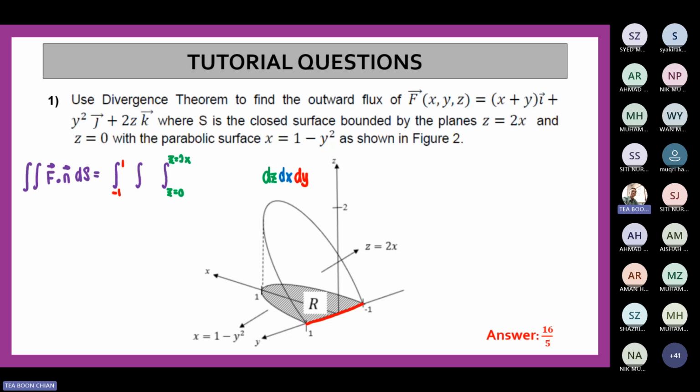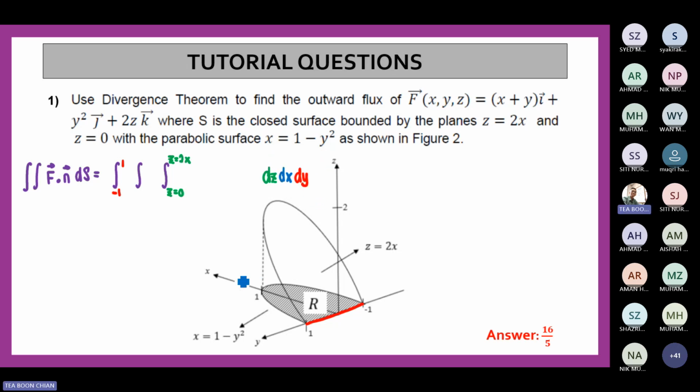I hope all of you understand the innermost integral dz means you are having a z projection. The innermost of the triple integral is the z projection. Then dx dy, the next integral, has the same meaning as what we learned in double integrals: dx dy means the graph is moving from left to right in the y interval.